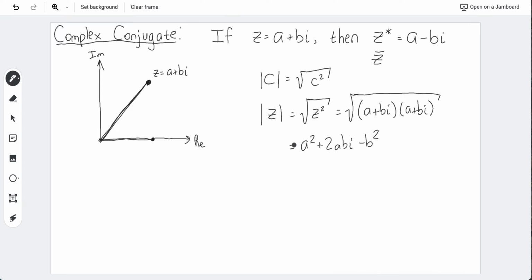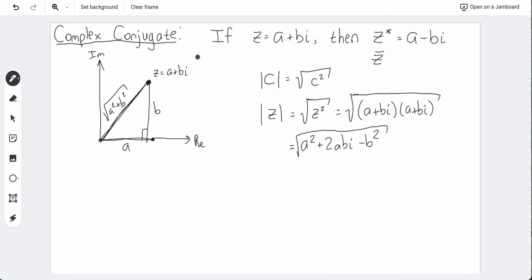This is bad. If I take the square root here, this is very much not what we were hoping for, because I can look at this, this is just a right triangle. If I have a right angle here, I know the real part has a length of a, the imaginary part has a length of b. This should be just a squared plus b squared, square rooted. And instead, I have something that very much does not look like that.